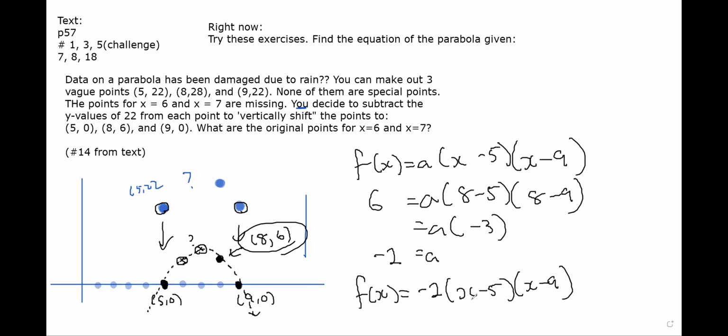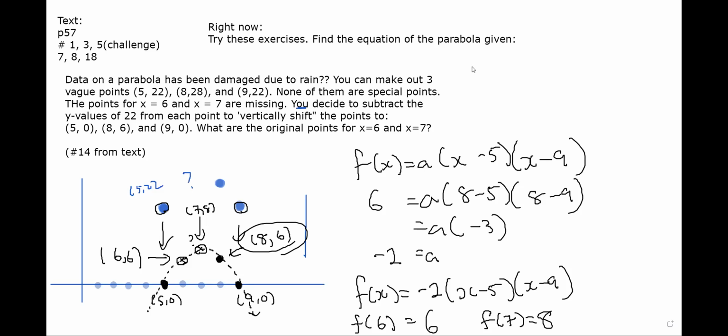I plug in a 6, I get 1, -3. F of 6 is going to be 1, -3, that's a -3 times, that's a +6. That would be 6 and 6. If I plugged in a 7, that would be 2 minus 2, -4 times -2, +8. That point is 7, 8.